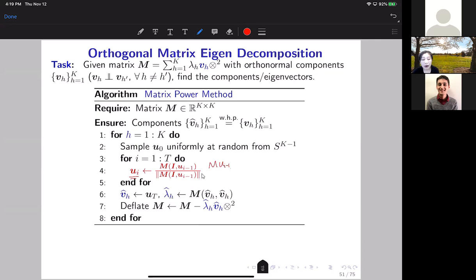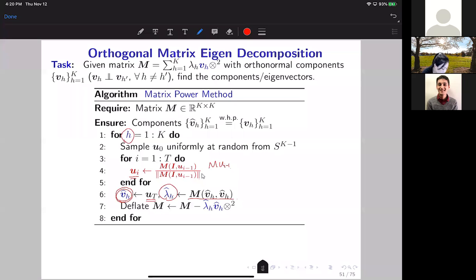So you do this power method for t steps, and then u_t will be your estimation for this component, v_h hat. And then your eigenvalue will be M(v_h hat, v_h hat). Once you do that, you basically finish estimating the eigenvector and the eigenvalue for this component.